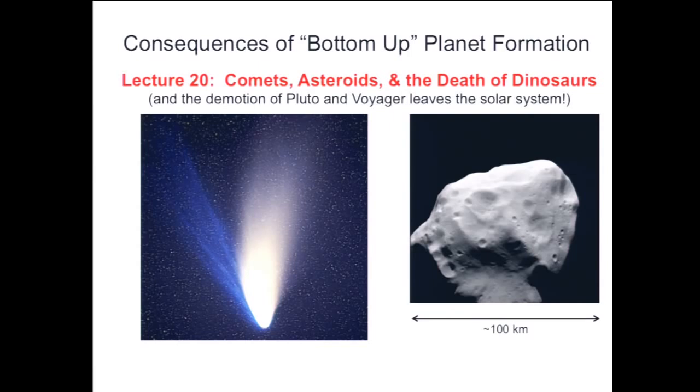We think that has happened actually several times in the history of life on Earth, including the extinction of the dinosaurs and the rise of mammals and ultimately Homo sapiens 65 million years ago. And we'll talk about that a fair amount more towards the end of the class, and this also ties in with the demotion of Pluto and this thing called the Kuiper Belt in the outer part of the solar system.